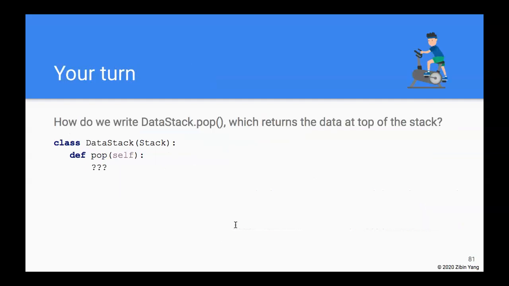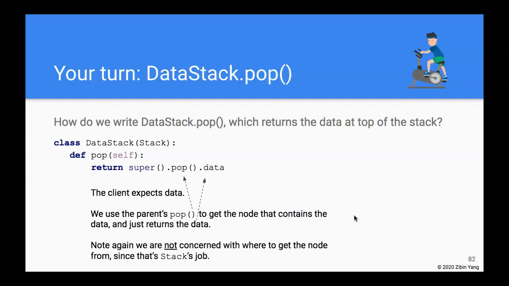So this is going to work fine. Now next we should write DataStack.pop that returns the data at the top of the stack. And after seeing the example of how to write DataStack.push, I'm hoping that you can try to give this a shot. And here is the code, which is very short.